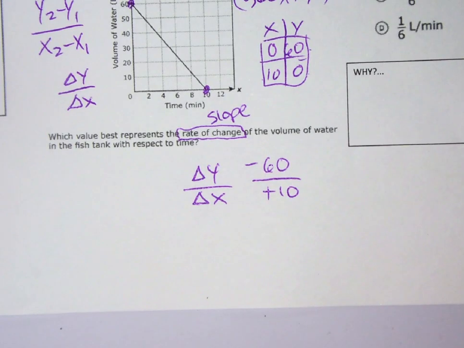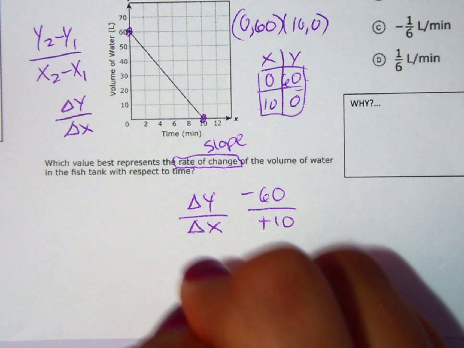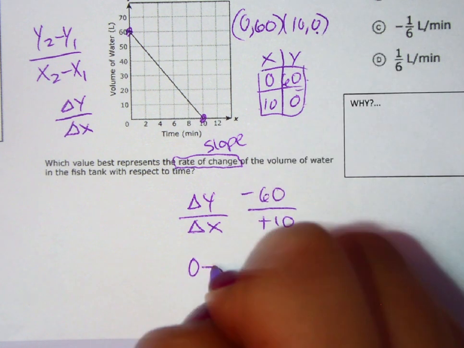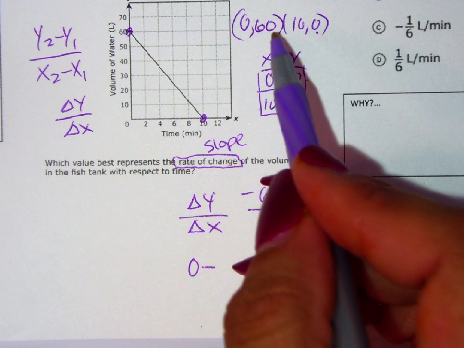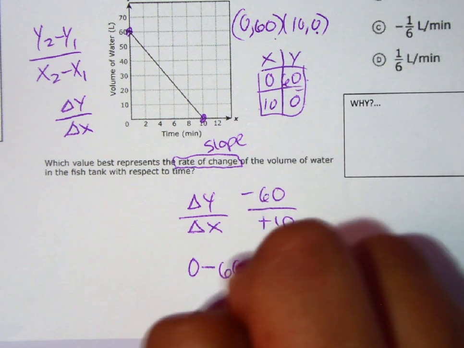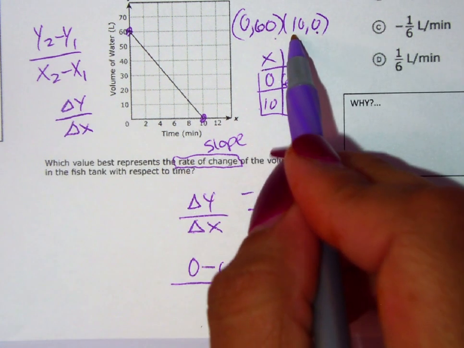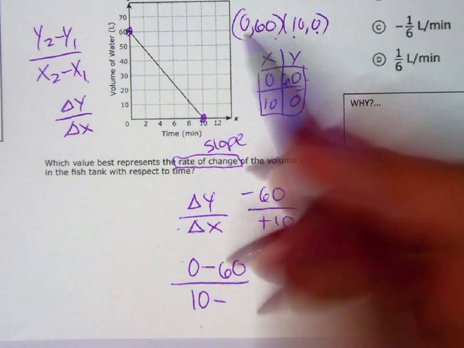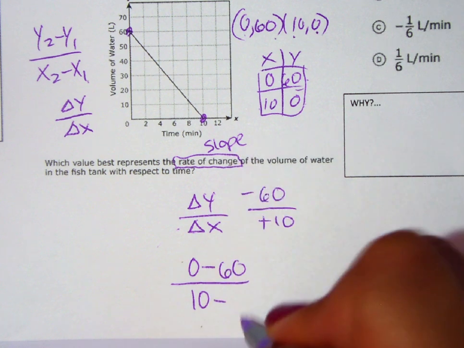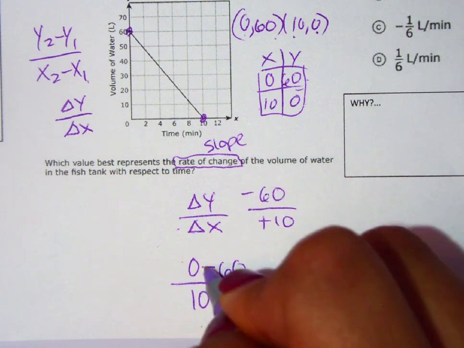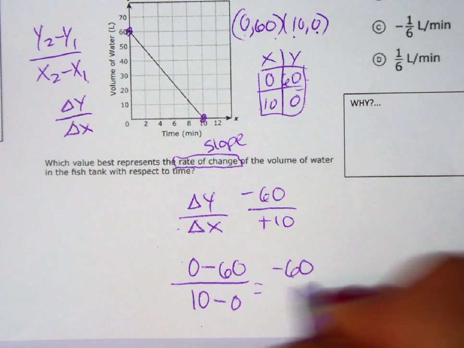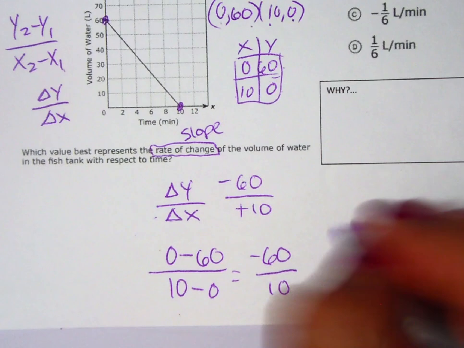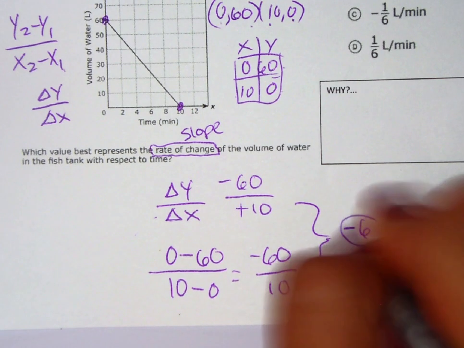Or if you want to do the formula, we're going to do y2, which is the y value of the second point, minus the y value of the first point, which is 60, over the x value of the second point, which is 10, minus the x value of the first point. Second point, first point. So this is negative 60, 0 minus 60 is negative 60 over positive 10. So notice we got the same answer.